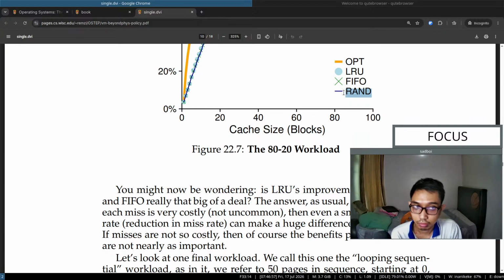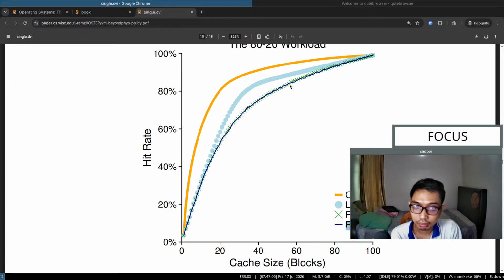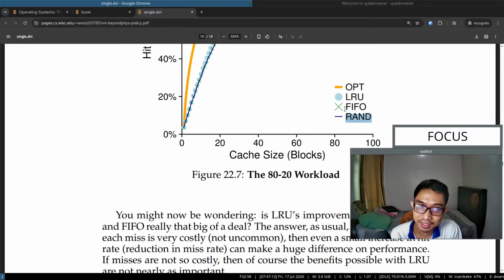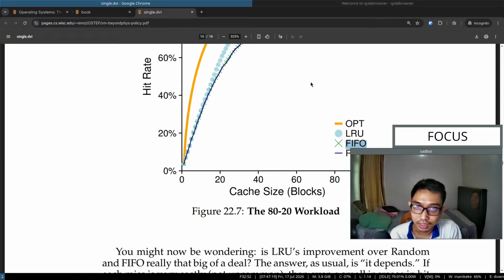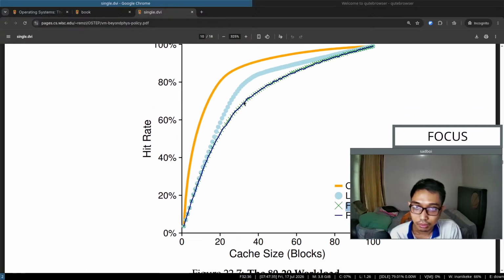Okay, maybe we are lucky enough that the random here performs almost the same as the first in first out, or maybe unlucky, I guess, because sometimes the FIFO policy can perform worse, you could say, like when we want to access the next page, right?